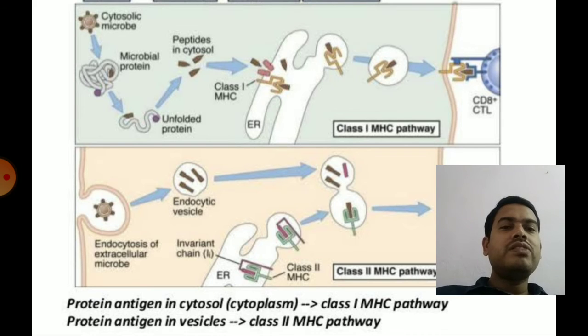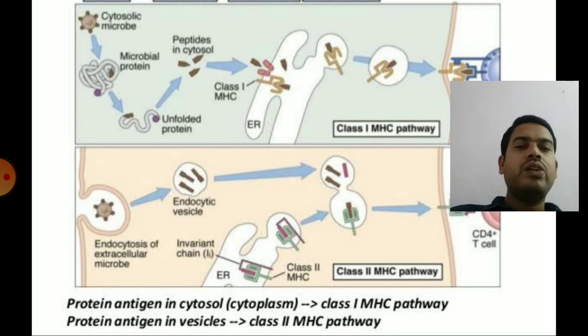So in MHC class 1 it is inside the ER, in MHC class 2 it is outside the ER. After that they are transported into the transmembrane region where they will present the antigens to T cytotoxic cells in case of class 1 MHC and T helper cells in case of class 2 MHC molecules.